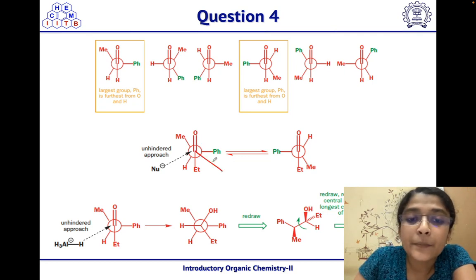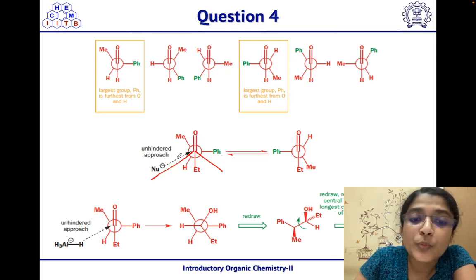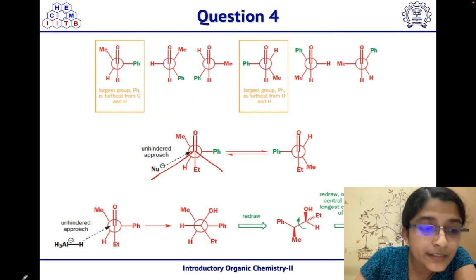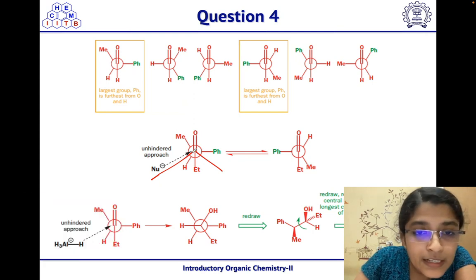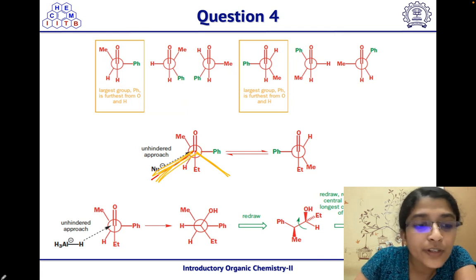So attack will take place from either of these two positions, as I have marked in yellow. The nucleophile can attack from either of these two positions.